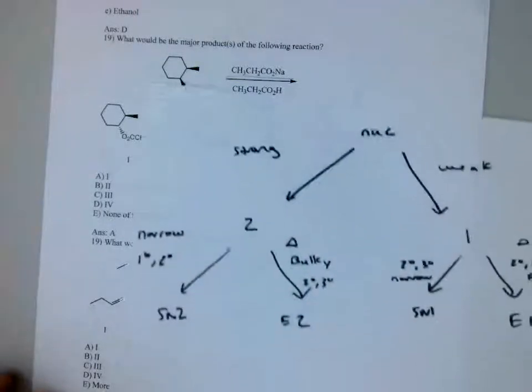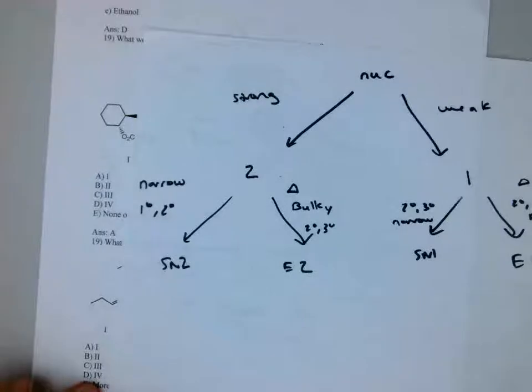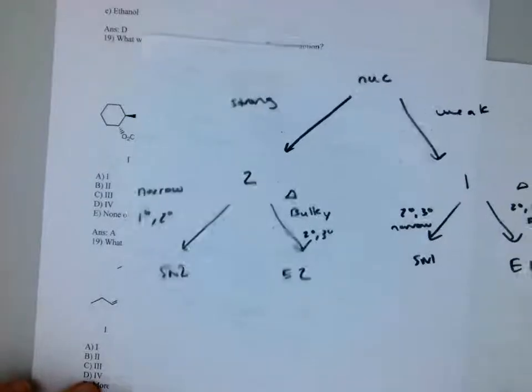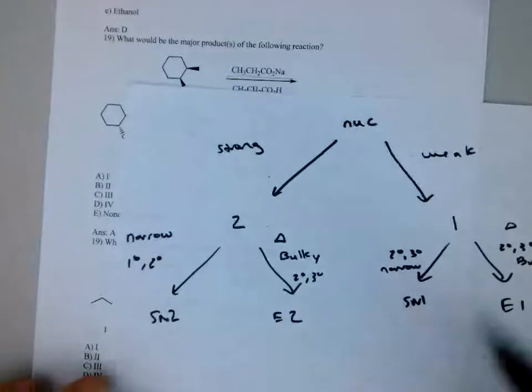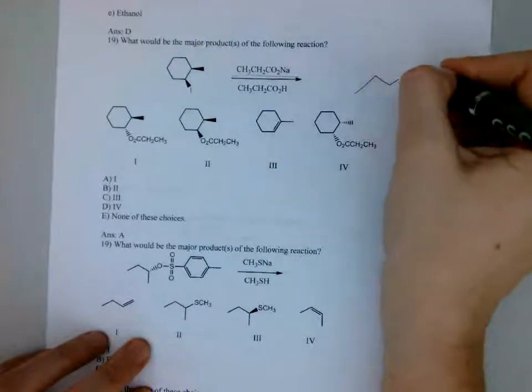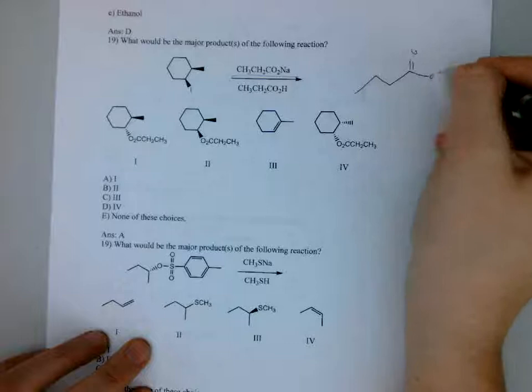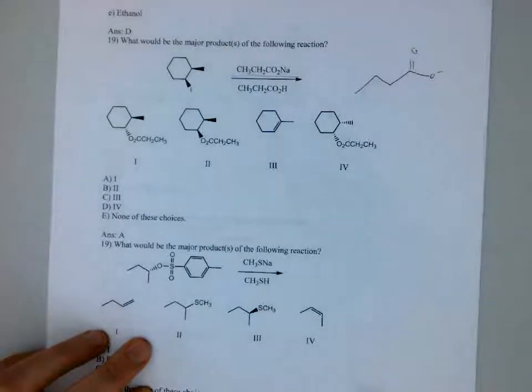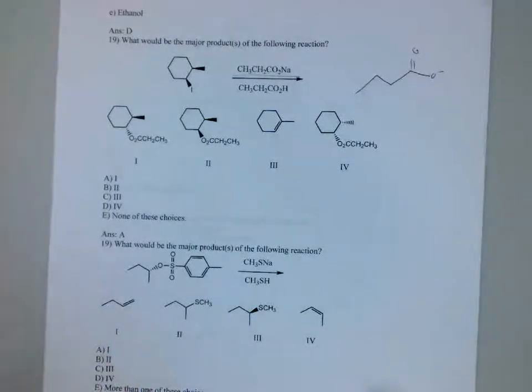I'm going to say because there's no heat and because it's a pretty narrow, just like a straight chain, it's a straight chain that looks like this. It's not the bulkiest, so I'm going to say this is probably going to favor an SN2.